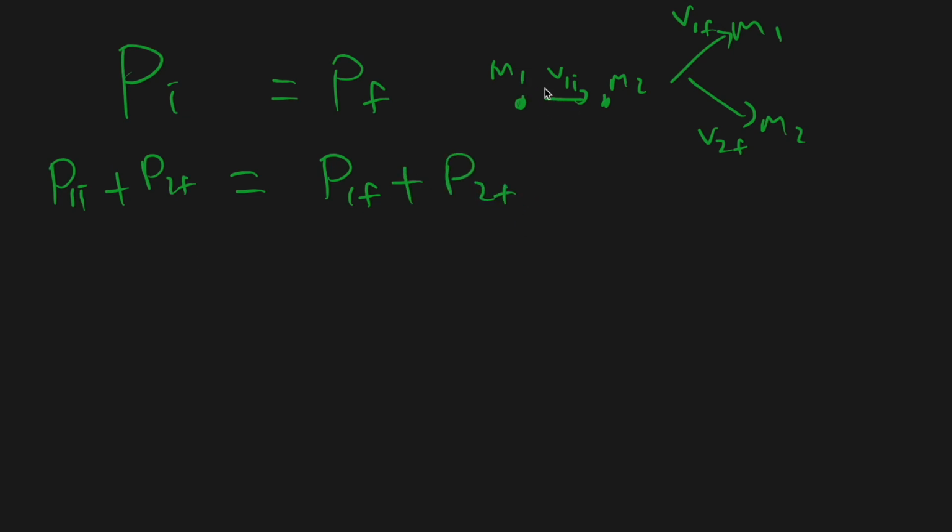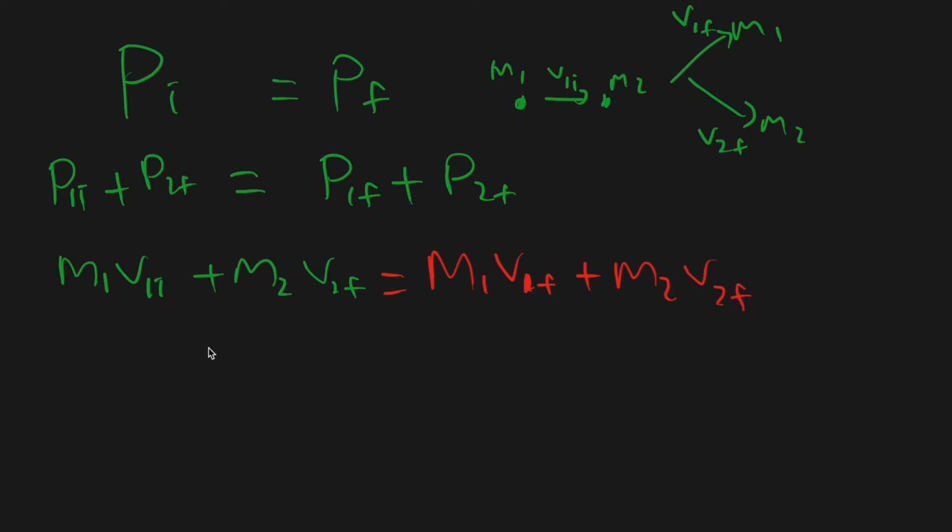That is m1 v1i plus m2 v2i, which is equal to m1 v1f plus m2 v2f. So this is the equation you need to know.